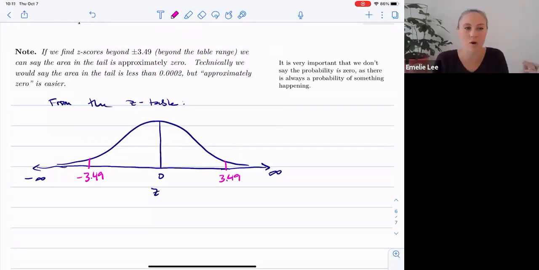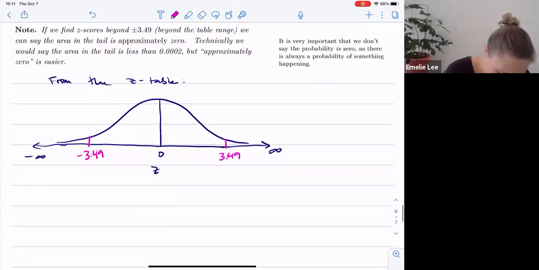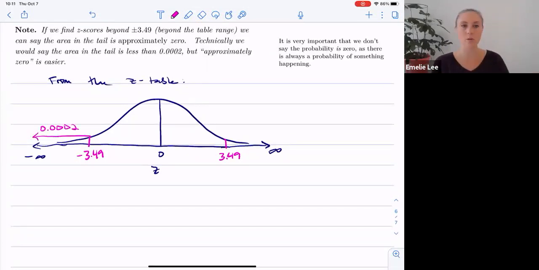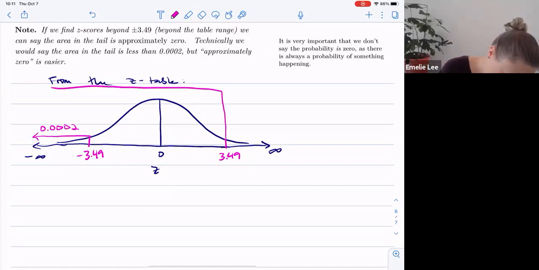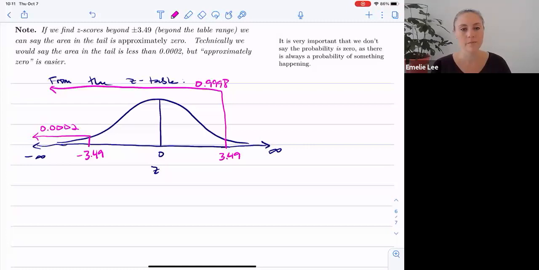Z-scores happen beyond those points, but what we know from the table is that this area is 0.0002. We also know that this area, we saw it just before, 0.9998.